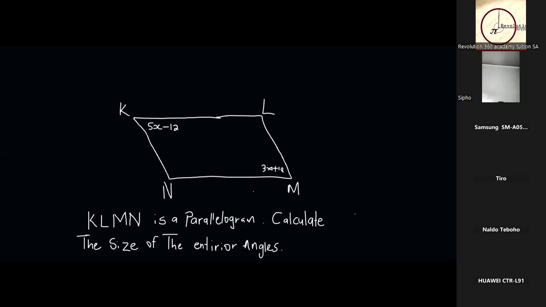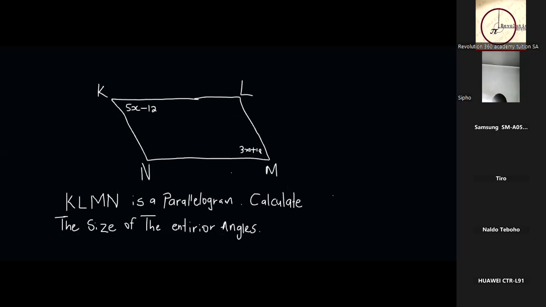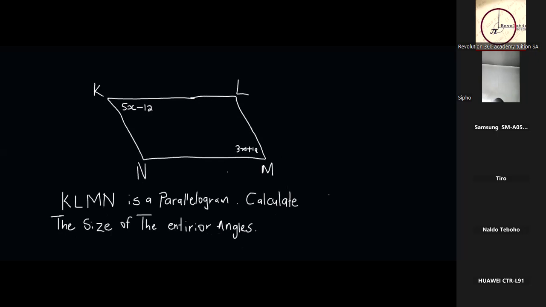One thing that is very important, this part is the one that is very important. KLMN is a parallelogram, it's one statement that is very important. So if they're telling us that that is a parallelogram, then it means something. So since they're telling us that KLMN is a parallelogram, let me do it like this. So here it's gonna be our solutions.